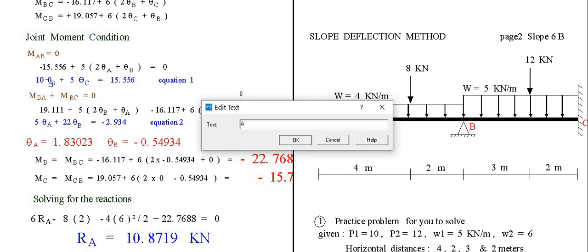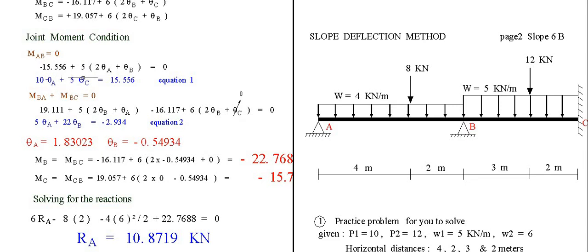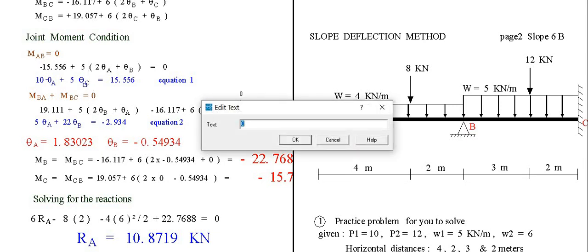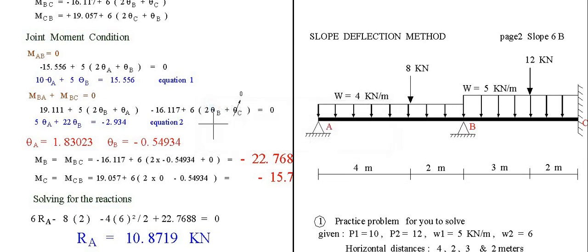This is theta A: 10 theta A, then 5 theta B. Okay, we have unknowns theta A, theta B. Here the unknowns we have are theta A and theta B. Solving the two equations, we have these values.